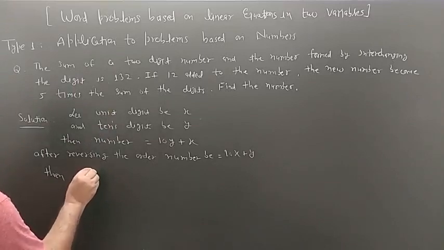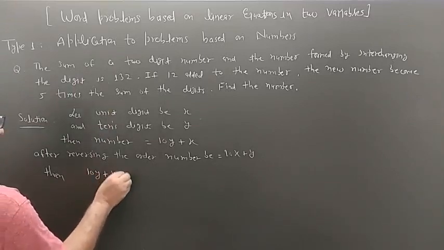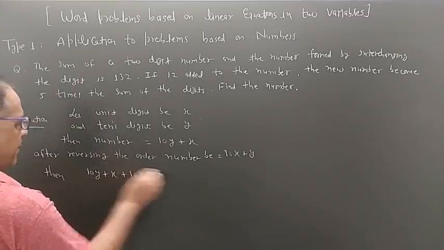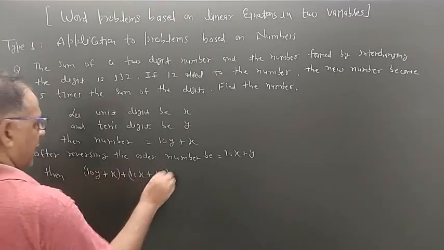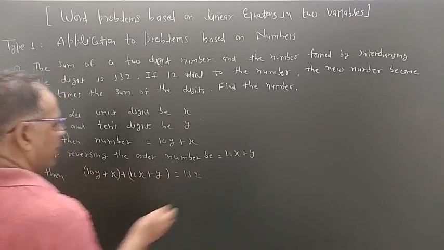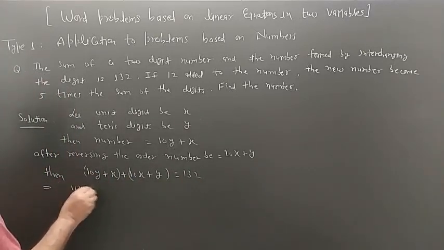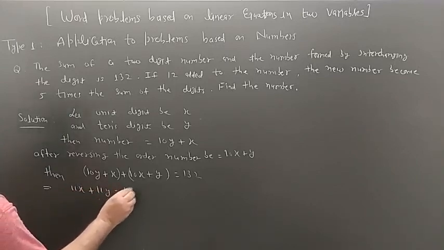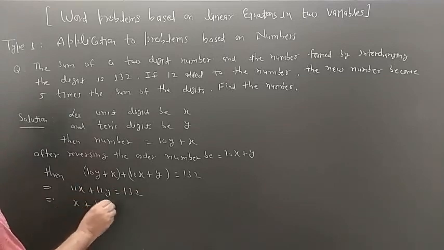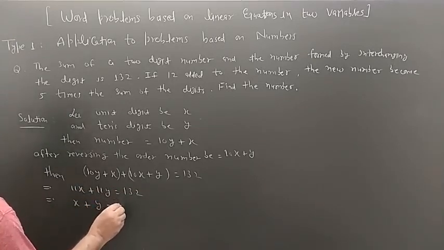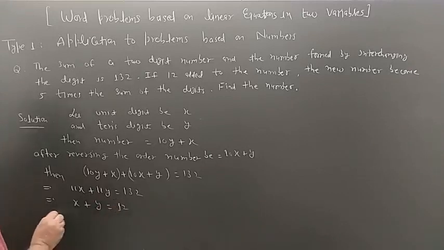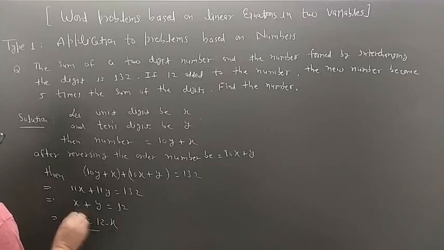So now 10y plus x plus 10x plus y equal to 132. This becomes 11x plus 11y equal to 132. Divide by 11. So we have x plus y equal to 12, or y equal to 12 minus x, as equation first.